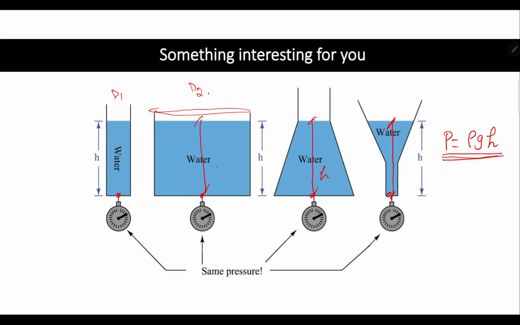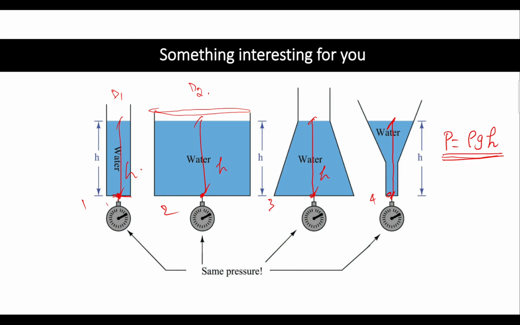Here the height is h. Here the height is h. So the pressure is the same in all these beakers. One, two, three, four, all these beakers will experience the same pressure at the bottom. That is so cool, is it not? But my dear people, there is one more thing.